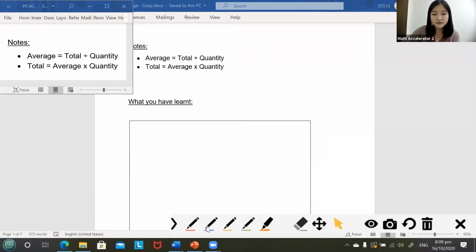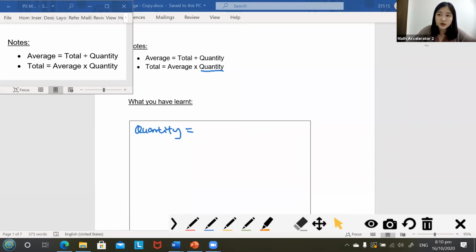For example, what is quantity? Anyone can tell me what's quantity?